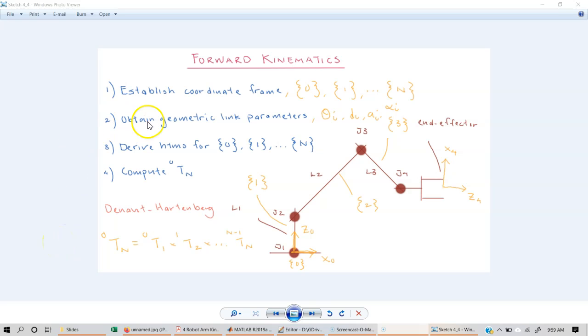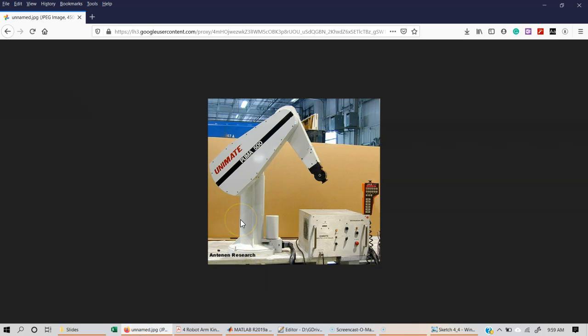Before we proceed with establishing the coordinate frames for every link of a robot arm, let's look at a robot called PUMA 560. So this is the PUMA 560 robot arm. PUMA is an acronym for Programmable Universal Manipulator for Assembly, and it was released in the late 1970s and is considered one of the first modern industrial robot arms.